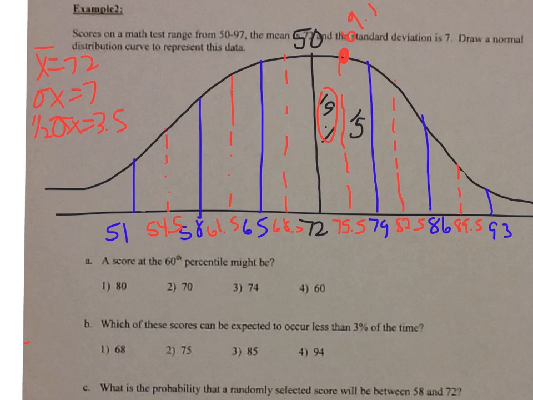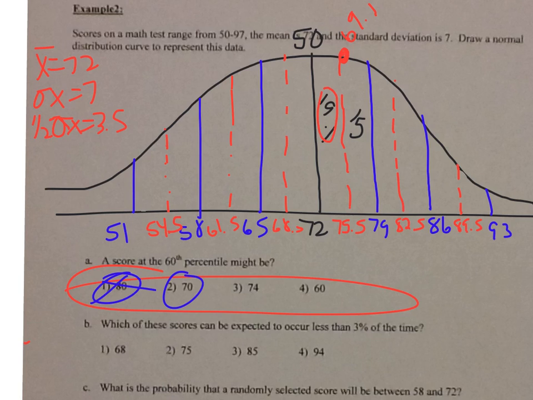I want to know which one of these scores are at the 60th percentile. So could it be 80? Well, let's see where 80 would fall. 80 is over here someplace. Is that the 60th percentile? No, this is greater than 60. Over here is someplace in the 90s. So it's not that. Let's try 70.